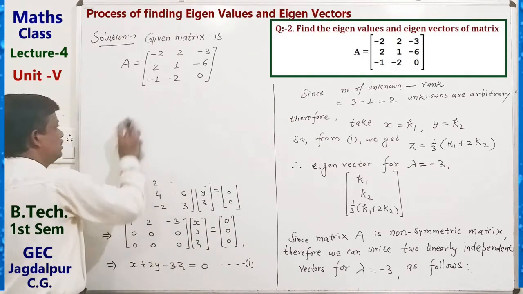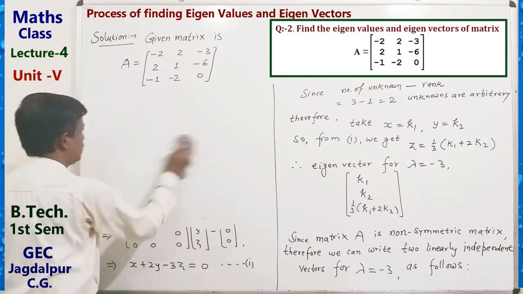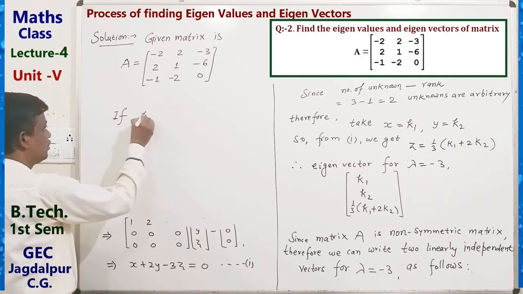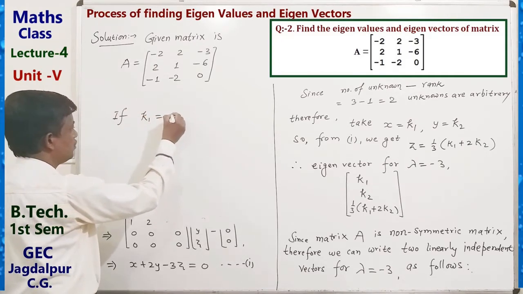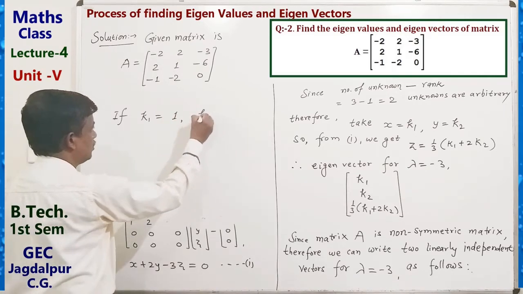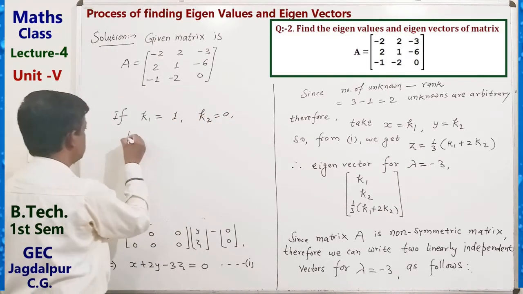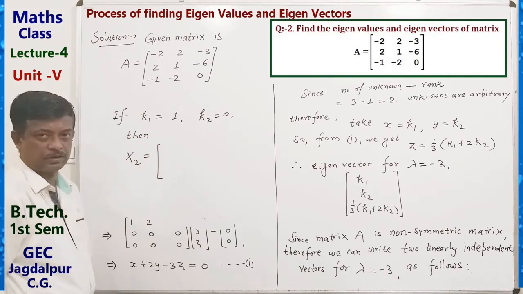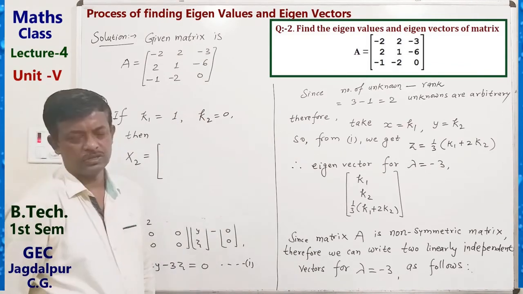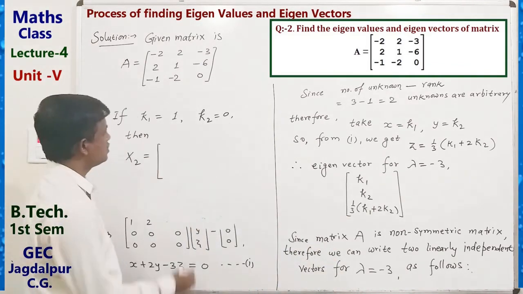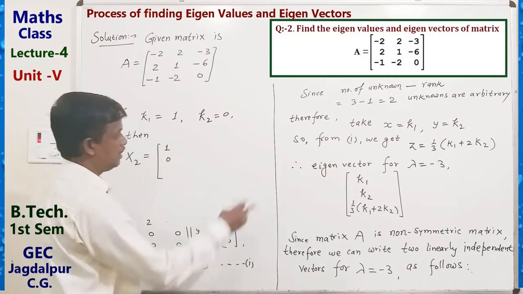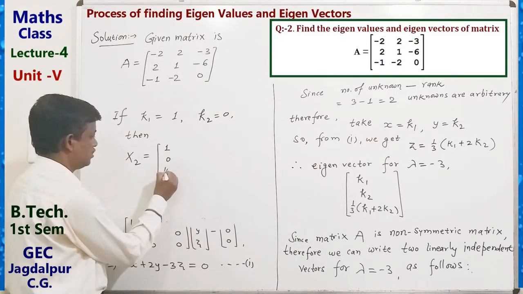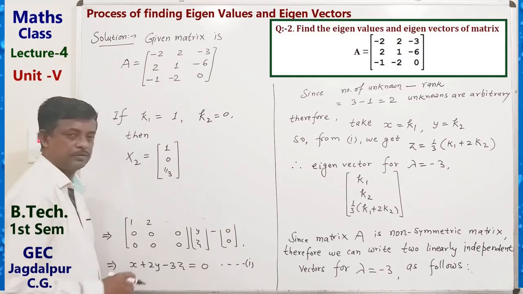X2, x3. If k1 equals 1, k2 equals 0, then x2 equals, what will be the vector? Just take 1, 0, and 1 by 3. Clear?